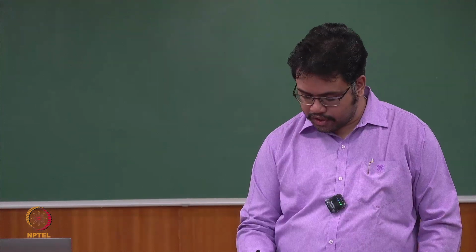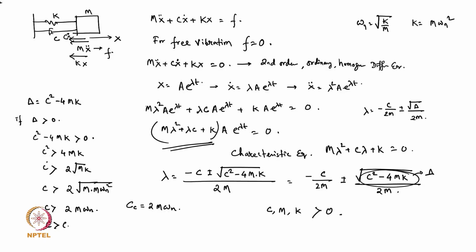So then what can I say? This c is greater than Cc, and let's define this Cc as the critical damping. You can see the importance of the critical damping.